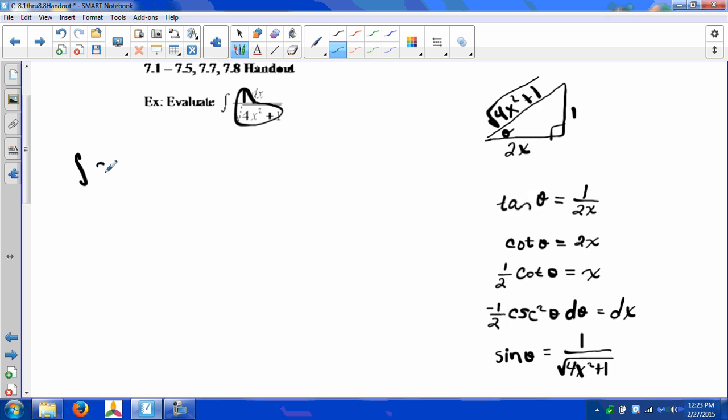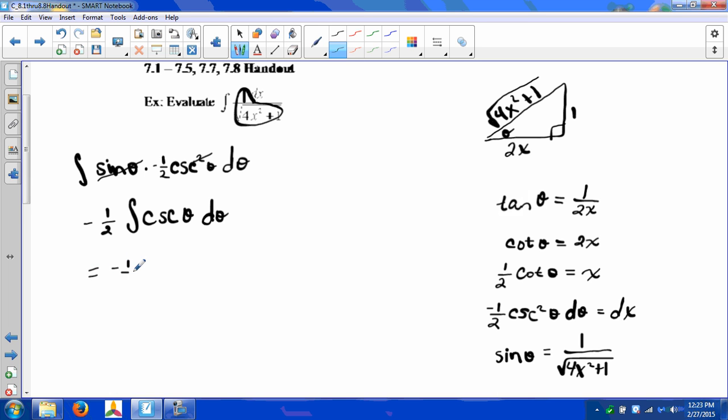So now I get sine theta, and then dx is negative 1/2 cosecant squared theta d theta. Okay, well, sine and cosecant are reciprocals, so those cancel, so I get negative 1/2 the antiderivative of the cosecant of theta d theta, which is negative 1/2 natural log of the absolute value of the cosecant of theta plus the cotangent of theta plus c.